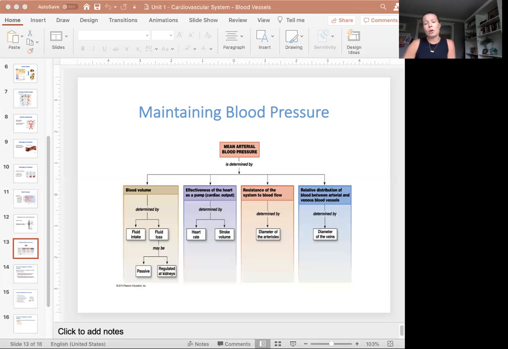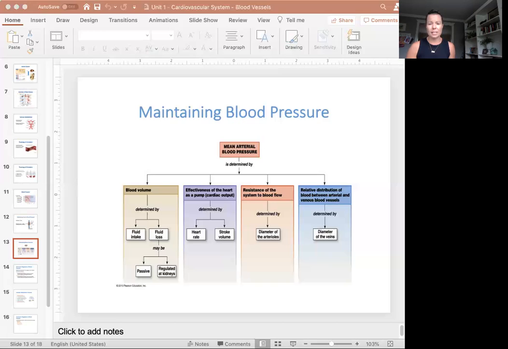There are also chemoreceptors, which are receptors that monitor chemical changes in the blood, especially oxygen levels and carbon dioxide levels in the blood. And these are located in many of the same places that the baroreceptors are located, like major arteries. And they will also initiate changes in peripheral resistance, heart rate, and stroke volume in response to the chemical changes that they may detect in blood.